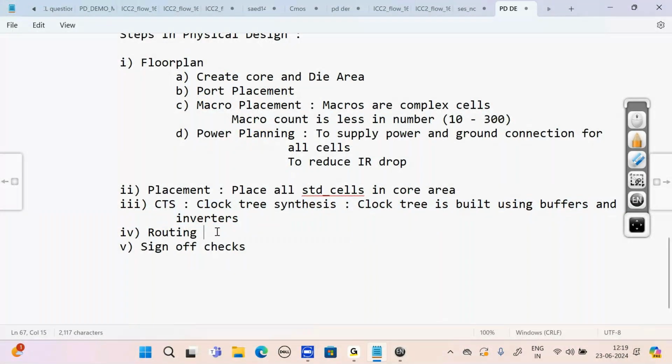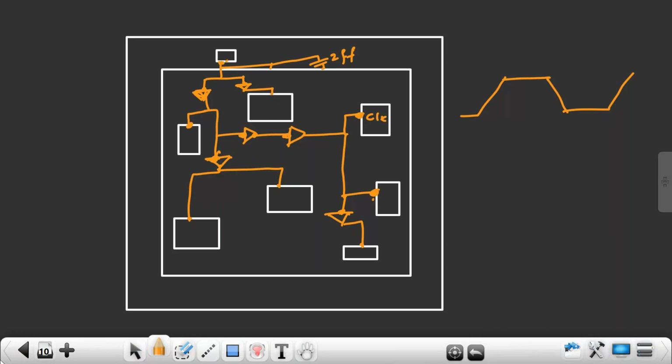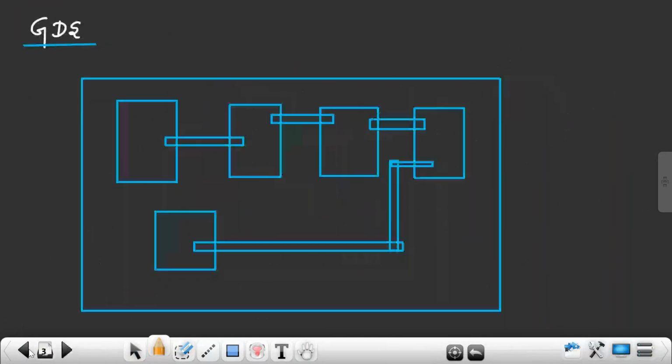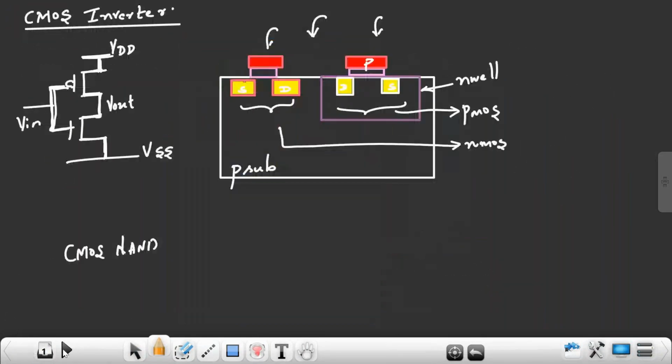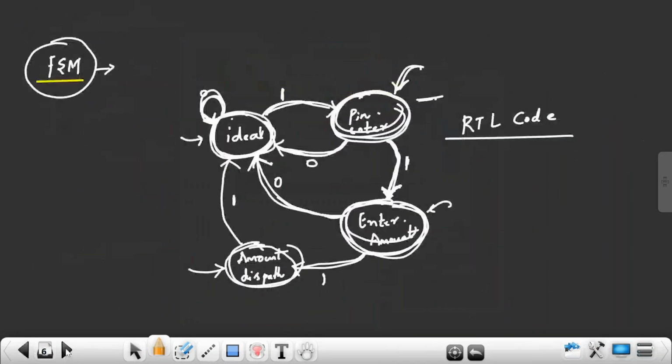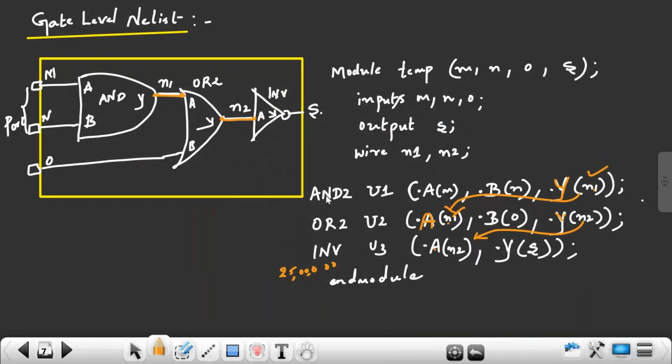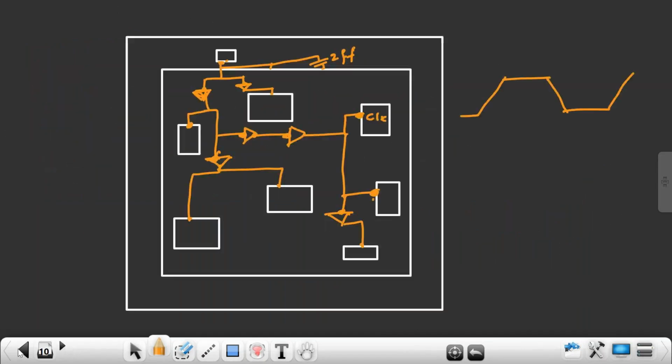So next is what? Next step is routing. Routing indicates what? Whatever connections you are seeing here in the netlist, your AND gate output should connect to what? OR gate input. So that connection has not yet happened in the layout.